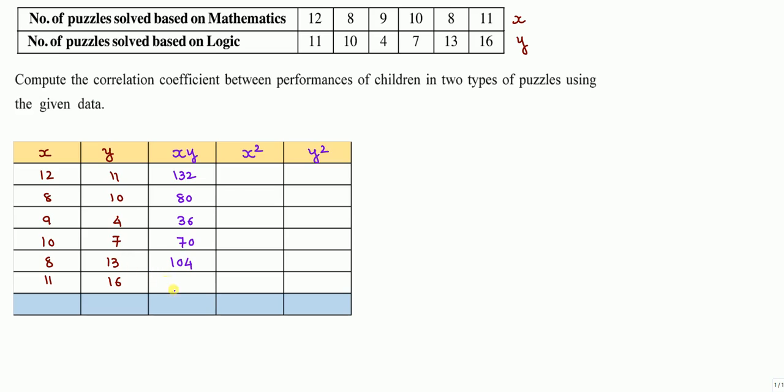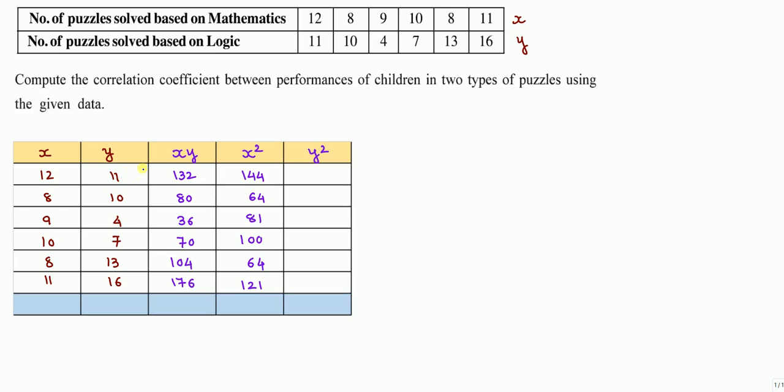Okay. Now squaring x, squaring this column x: 12 square 144, 8 square 64, 9 square 81, 10 square 100, 8 square 64 and 11 square 121.